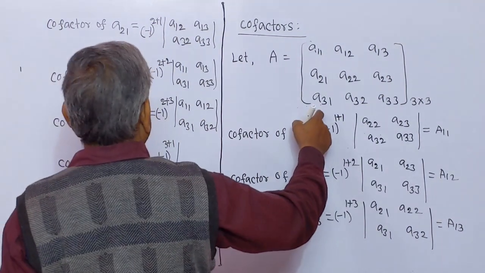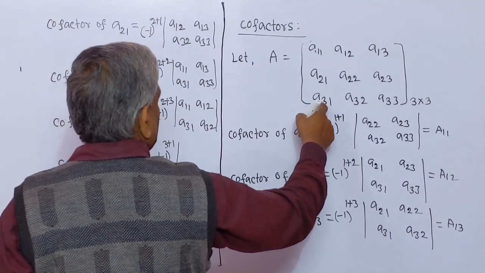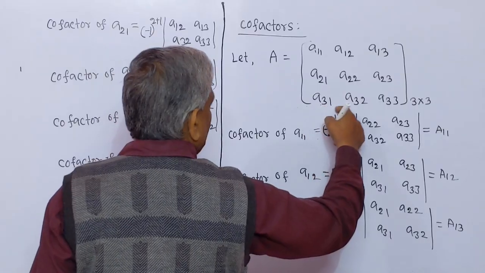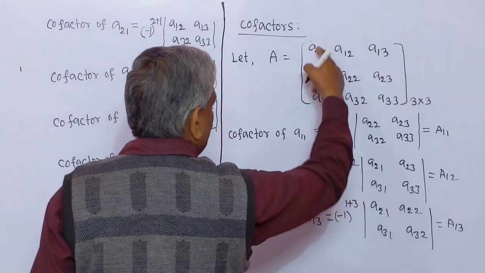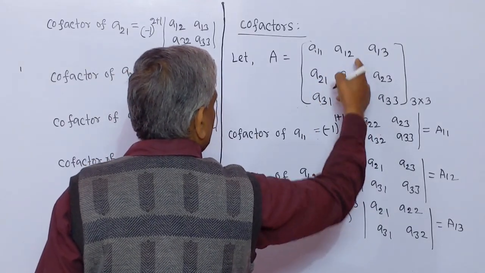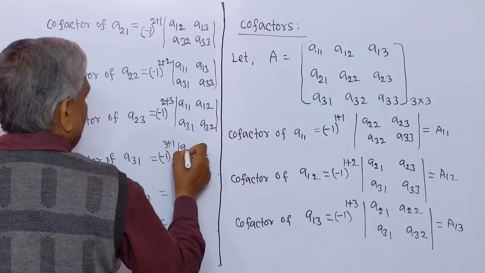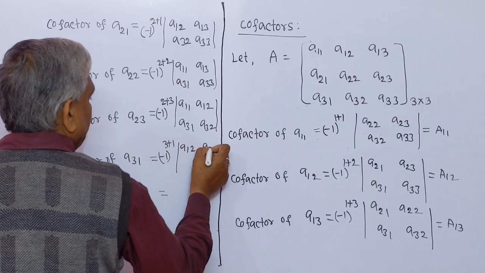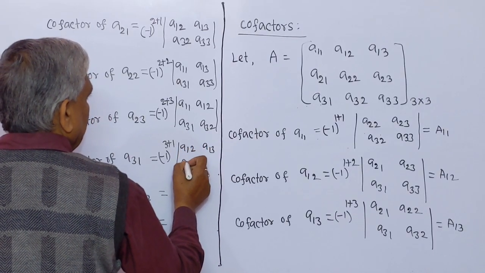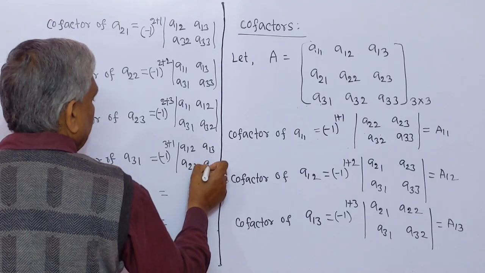This is in the third row and first column. We cancel this row and this column. Remains A12, A13, A22, A23.